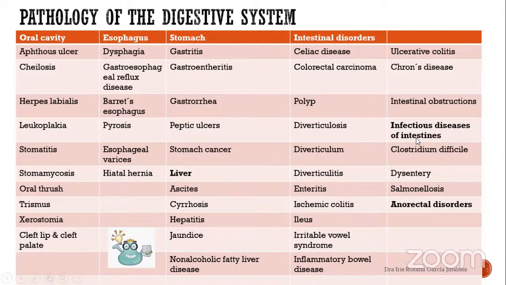About infectious diseases of intestines, of bowels: Clostridium difficile, dysentery, salmonellosis, and the anorectal disorders that at this point are not there.